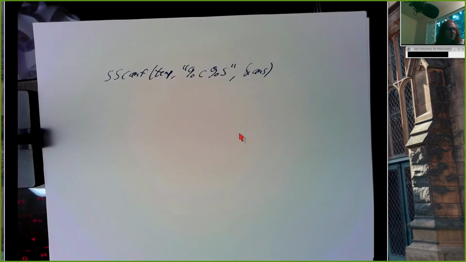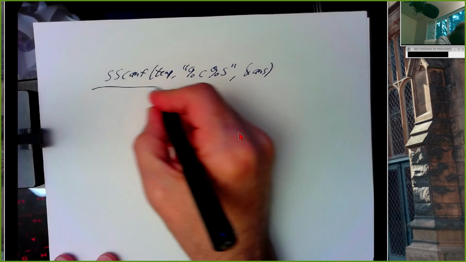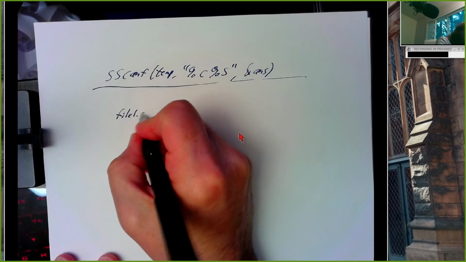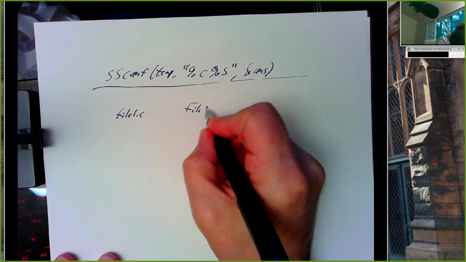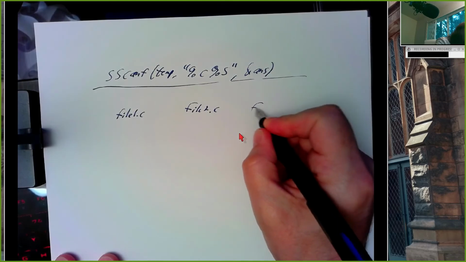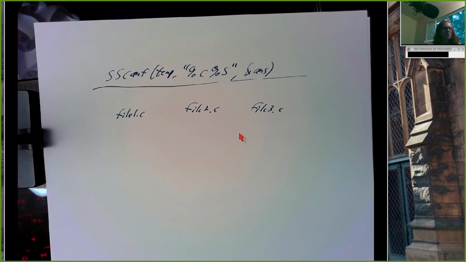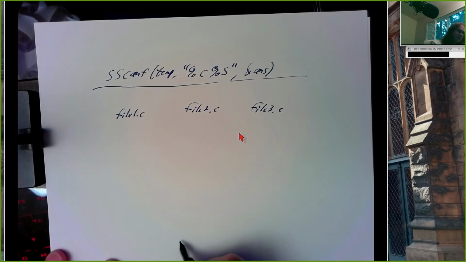All right, so remember when we talked about some of this stuff earlier, I drew a picture of file1.c, file2.c, file3.c. And if we just say gcc file1.c file2.c file3.c, we end up with this magic executable program, main.